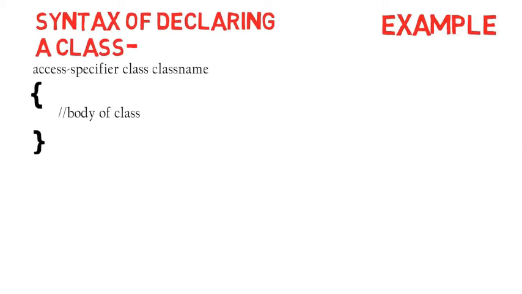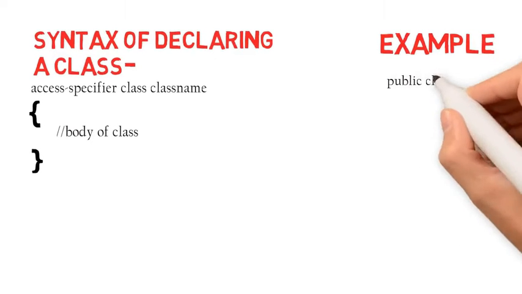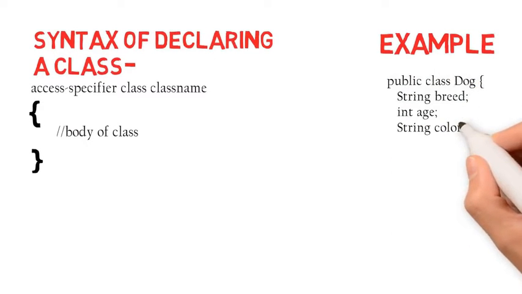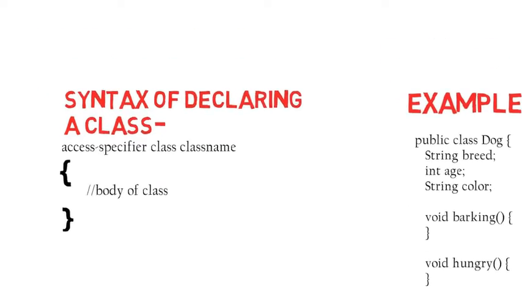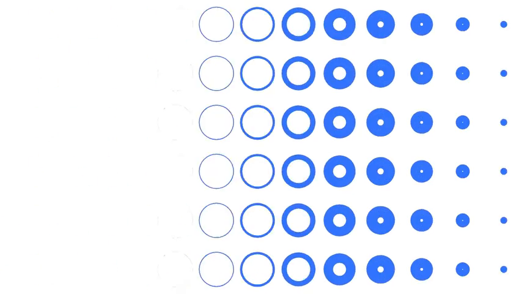A class can contain fields and methods. Let us see the example. We have created a class Dog. In this the fields, meaning states, are breed, age, color, and attributes are barking, hungry and sleeping. So we have created a class.